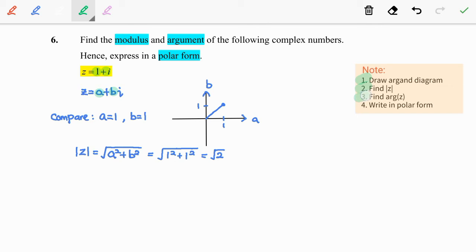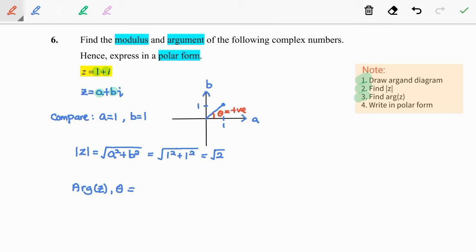Step 3. Find the argument of z. Argument of z is denoted as theta and is the angle measured from the positive x-axis towards the line. So here is the theta. In this case, the angle rotates anti-clockwise. This means the angle theta is positive.